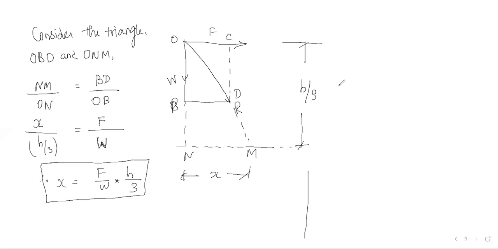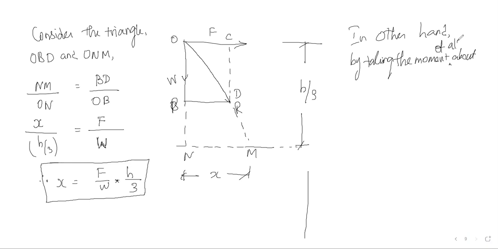Now, on the other hand, by taking the moment of all forces about the point M, F into this distance, that is F into h by 3, is equal to W into X. Therefore X is equal to F by W into h by 3.